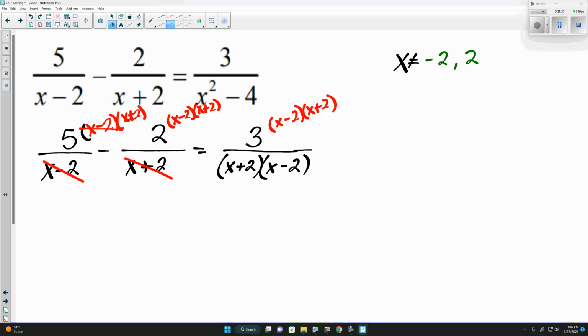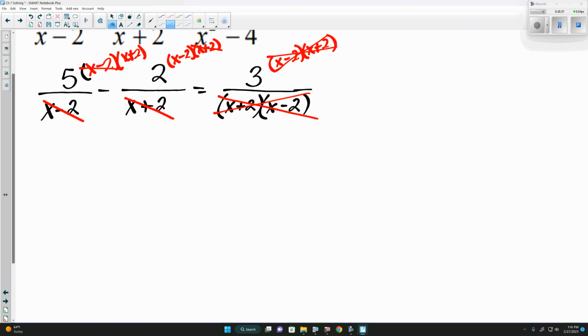The one in the middle, the x plus 2 and x plus 2 will cancel. And the one on the far right, everything will simplify out, leaving us with 5 times x plus 2 minus 2 times x minus 2 is equal to 3.